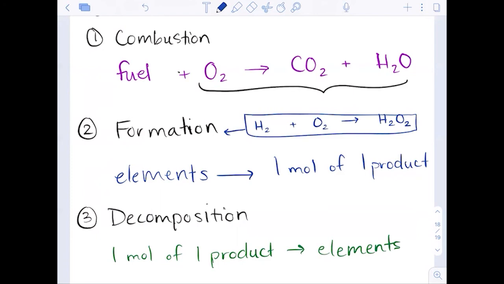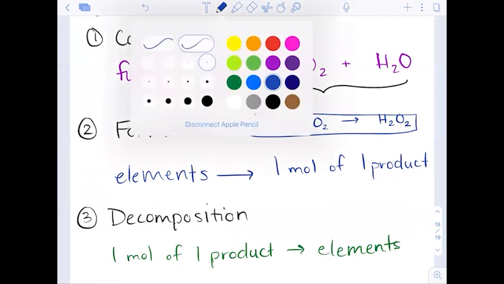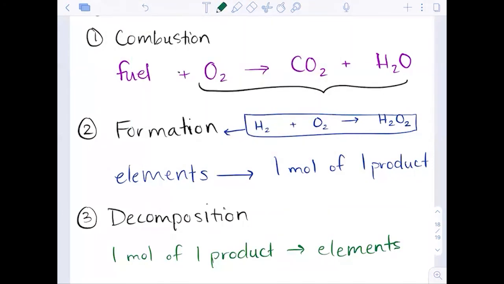A decomposition reaction is the exact opposite. When we take 1 mole of one reactant and we make it into its elements. Something like, let's just do the reverse of rusting. Iron(III) oxide is made up of iron and oxygen diatomic. Don't forget that you're going to have to balance it.